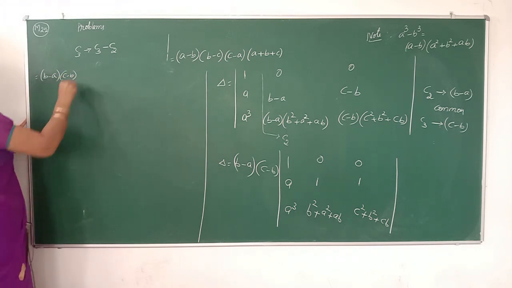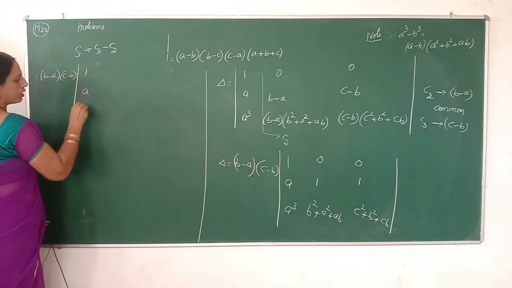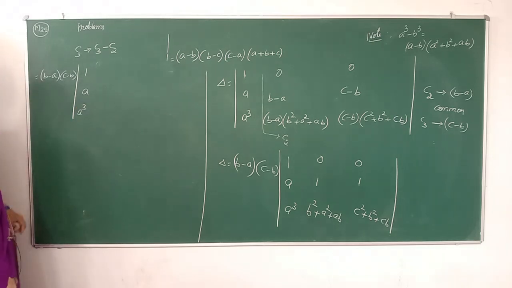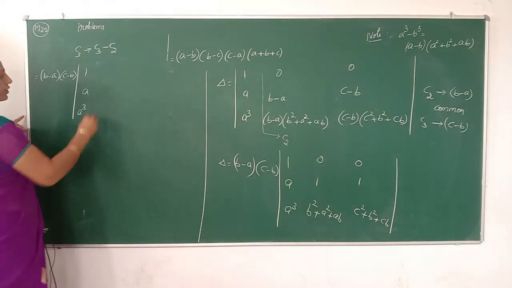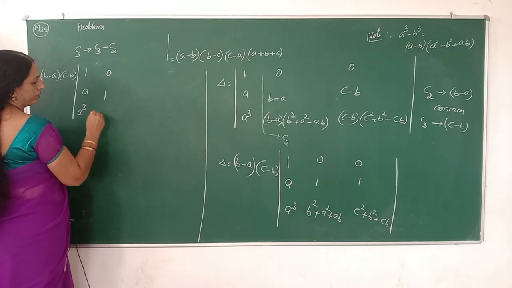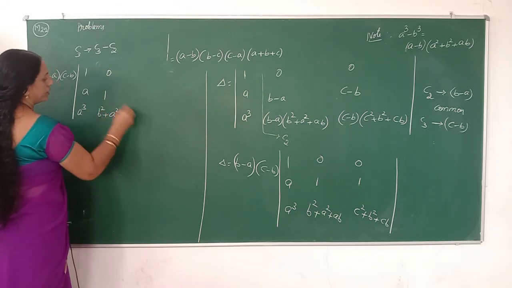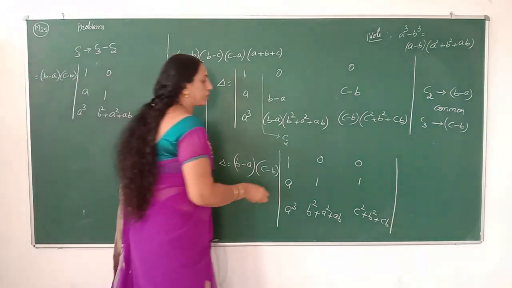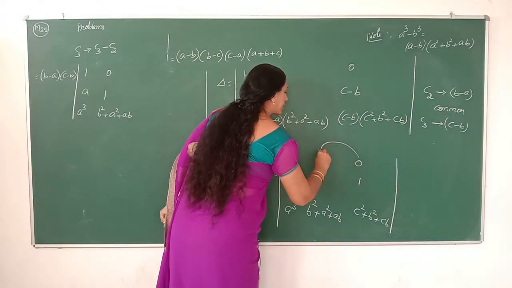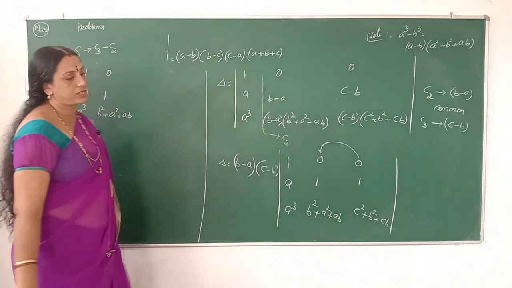The elements of the first column do not alter: 1, a, a cube, and the elements of the second column: 0, 1, b square plus a square plus ab.